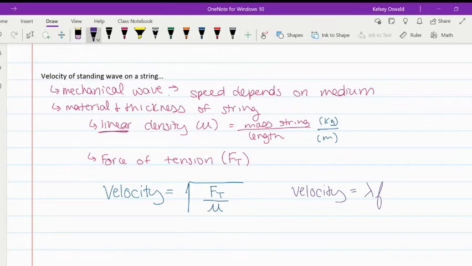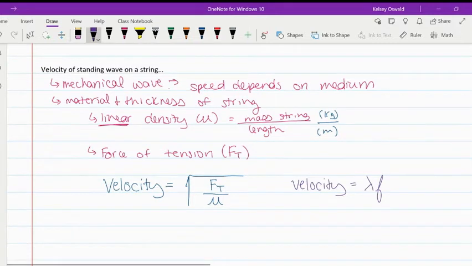Okay, so the medium determines our velocity, and then our velocity determines the wavelength and frequency of that wave. Okay. So that is the last little bit of notes to help you with the homework. I am going to go through some examples on the homework packet to help you guys out. So if you'd like to keep watching, you certainly can, but you should have all the information you need here to get started.